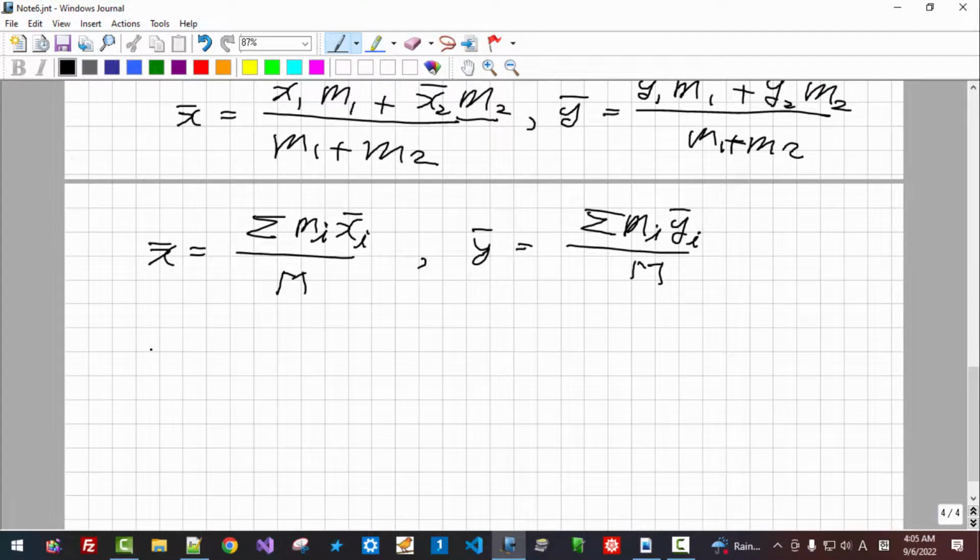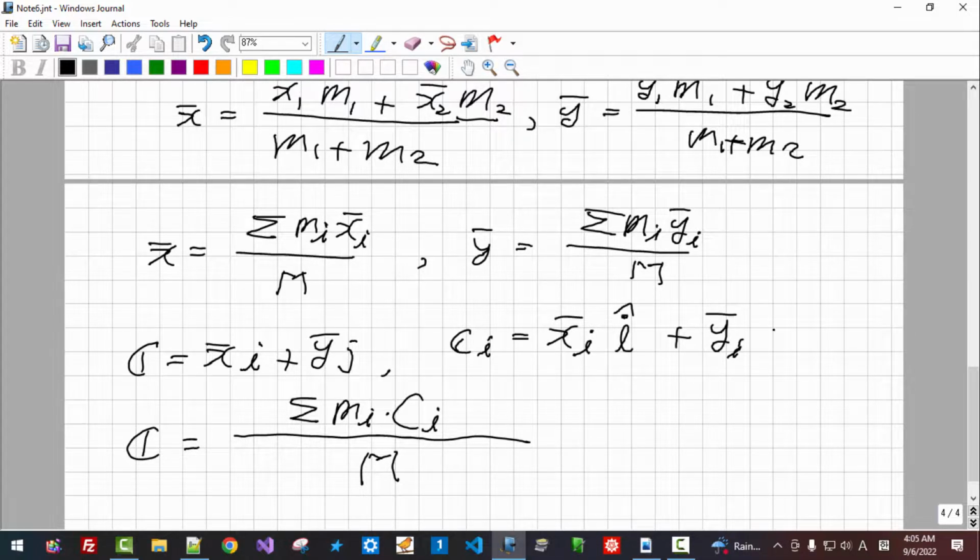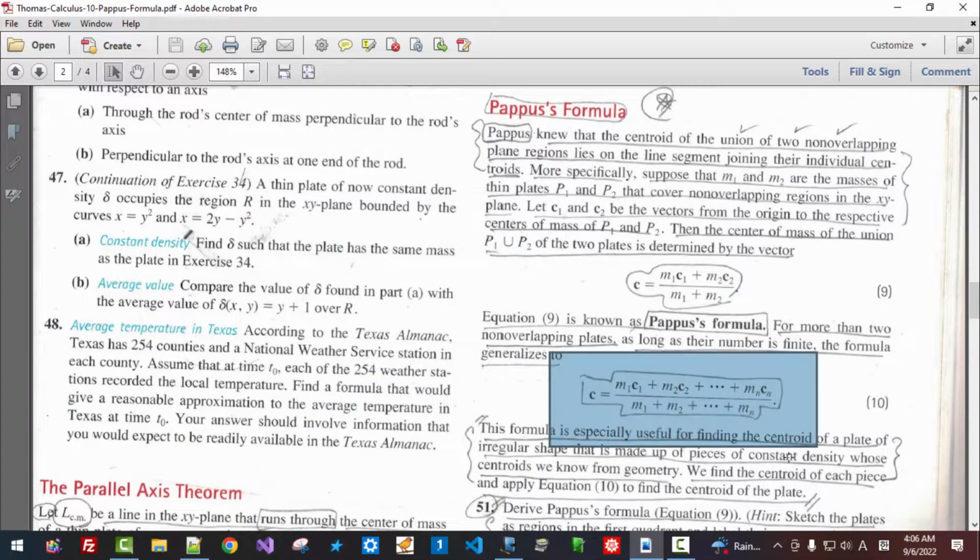In vector format, C is x bar i plus y bar j. In vector format, C equals one over total mass times sigma mi ci, where ci equals x bar i, y bar j, z bar k. This we proved.